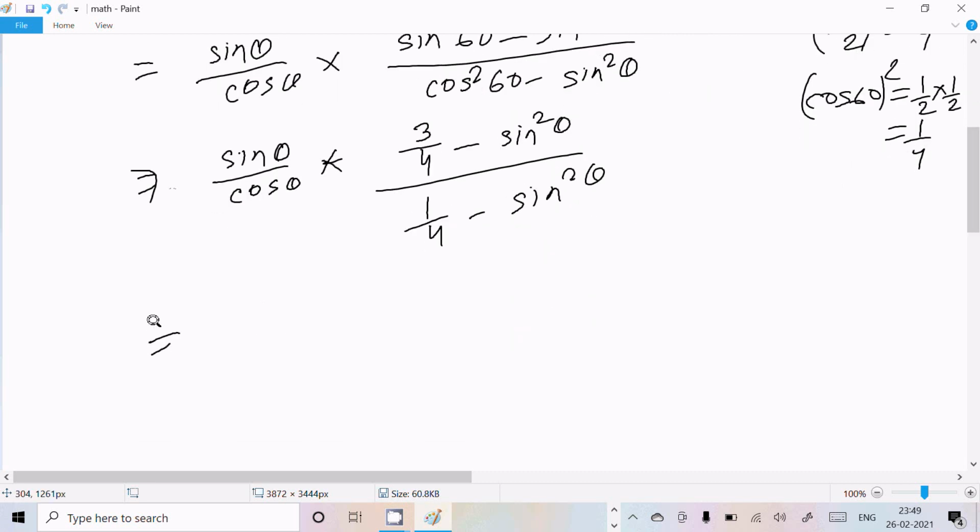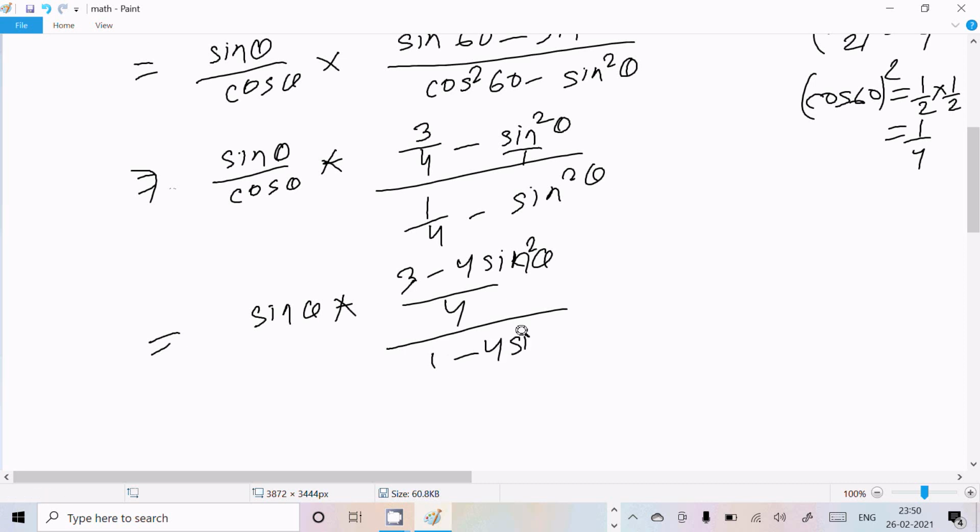Now after that we need to take the LCM. The LCM of 3 and 4 and 1 comes to 4, and after solving this becomes 3 minus 4 sin square theta, and here 1 minus 4 sin square theta, divided by 4.